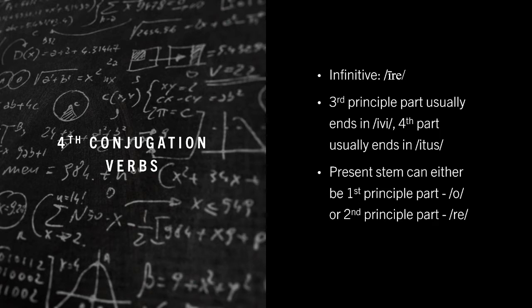So it's going to be ebam, ebas, ebat, if we follow the rules from third IO. If you do second principal part minus RE, you might think, well, that's just like first and second, all I got to do is have the E and be done. You can't. You have to add an E still. Okay? So I think first principal part minus O is the best option, but you can do it both ways if you're forming the verb.